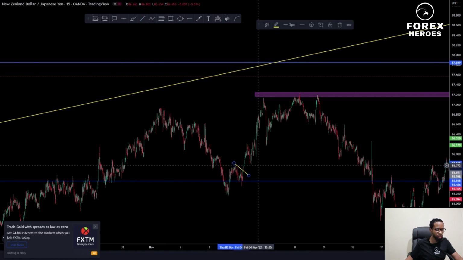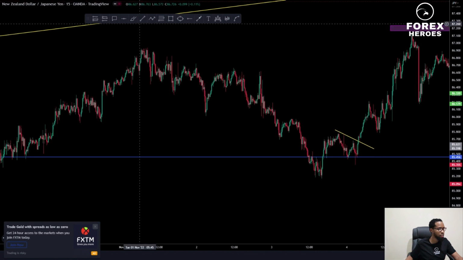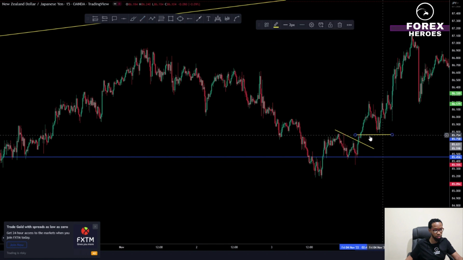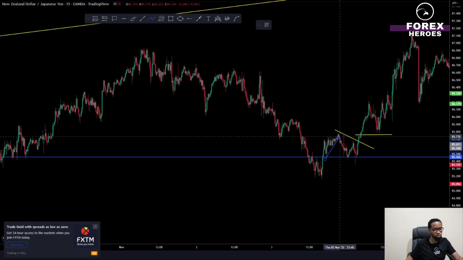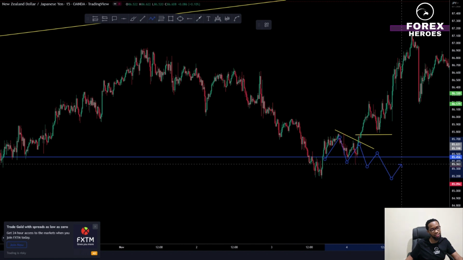For instance, let's say you have your pending order here, on this yellow line, and then the market decides to do something like this. You see, you won't be in that trade.